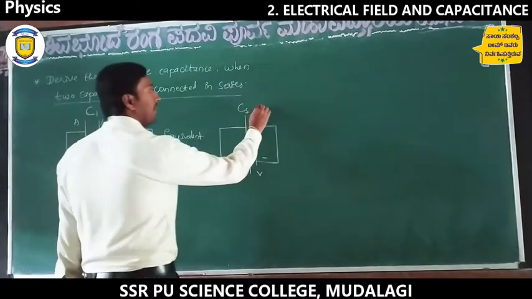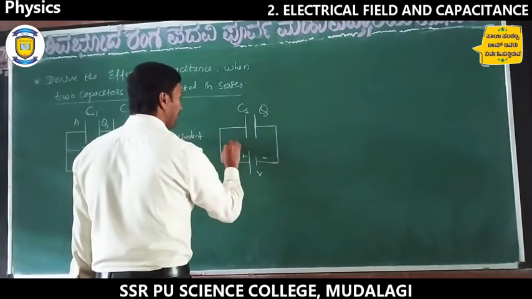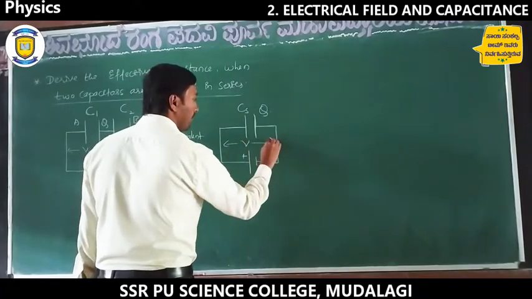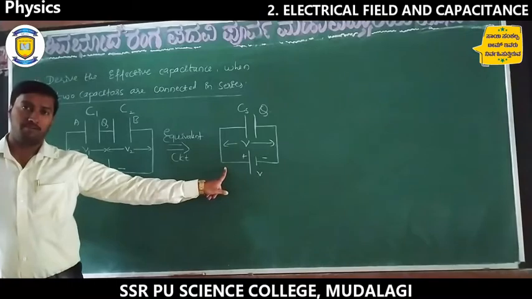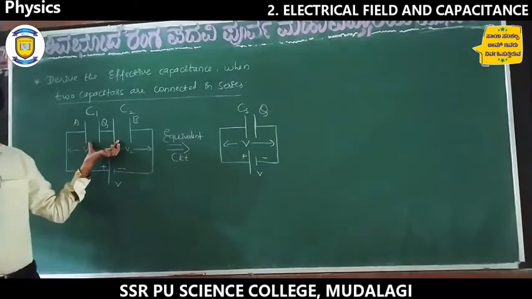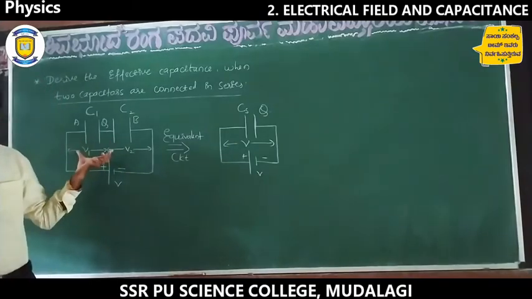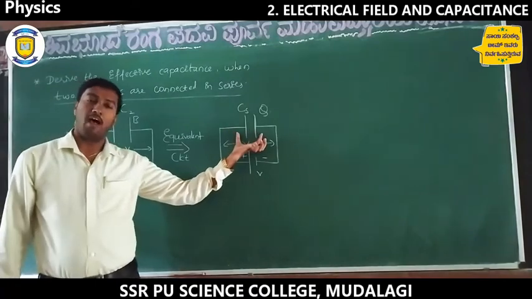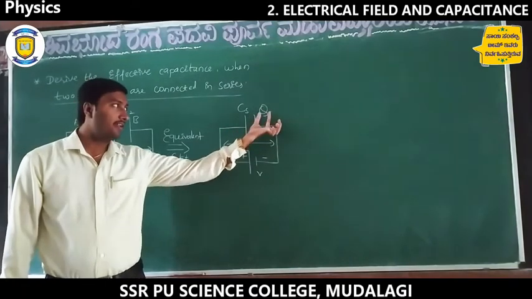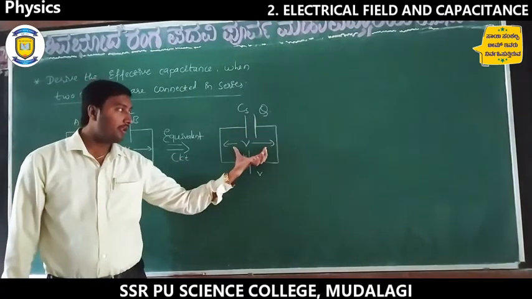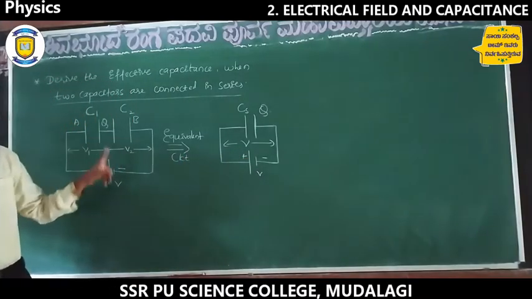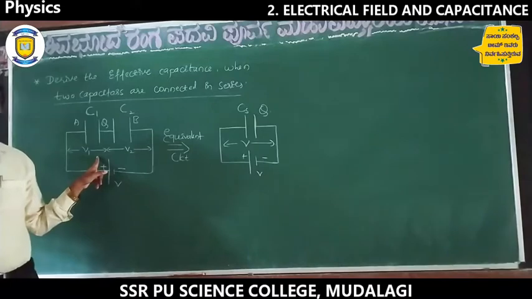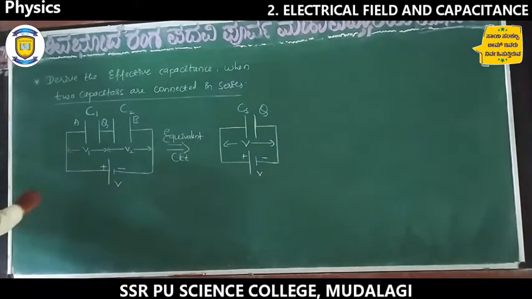This is the total charge Q. This is the total potential difference V. So this is about the equivalent circuit. The equivalent capacitor has the same charge Q and the total potential difference V. In series combination Q is same, potential difference is different. Okay, now let's do the derivation.